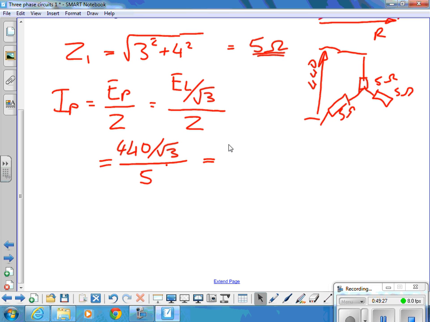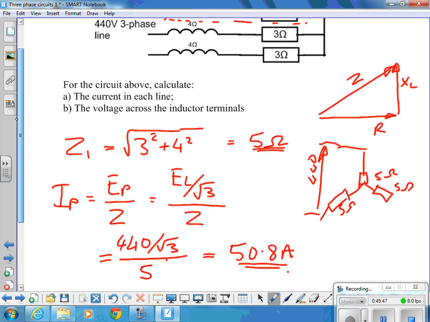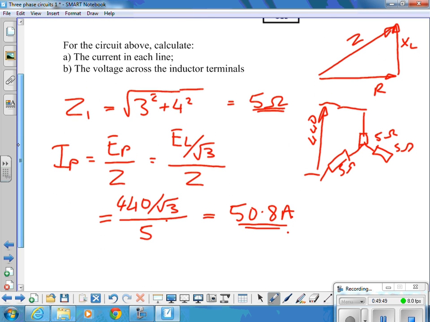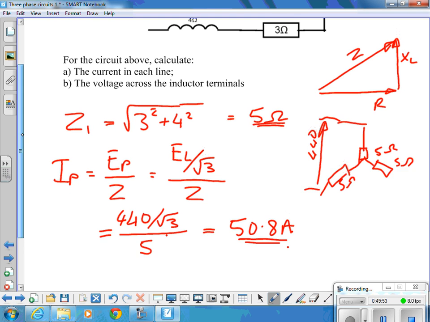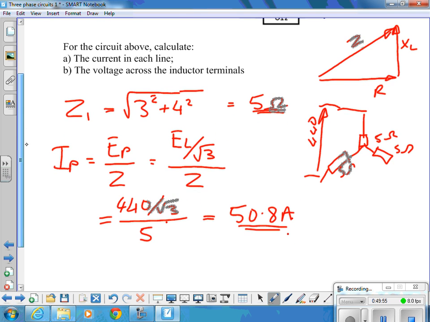What for current? 50.8 amps. I'll go with that. So we got a phase current of 50.8 amps. That will be the current in a line as well.